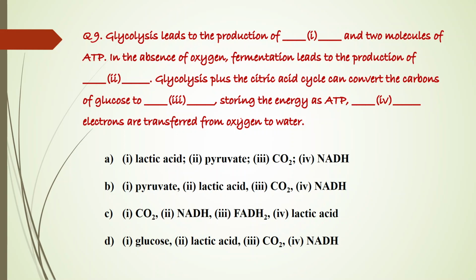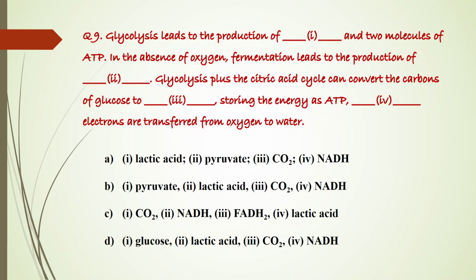And when this happens, when you have deficiency of oxygen in your muscles, that leads to the conversion of pyruvate to lactate, or sometimes the formation of lactic acid. That's why we feel the muscle fatigue, because of the production of lactic acid. So in anaerobic conditions, that is absence of oxygen, fermentation leads to the formation of lactic acid.